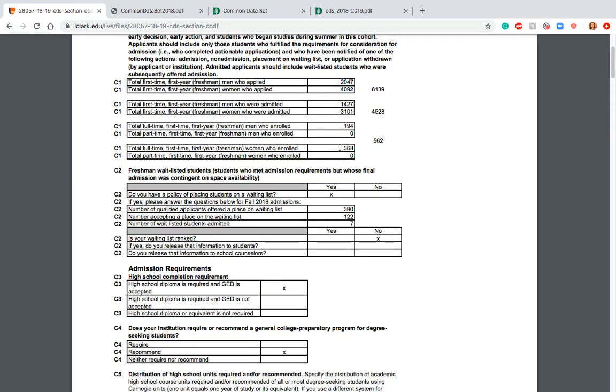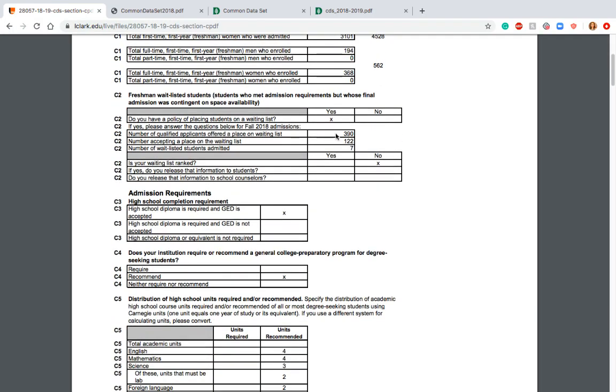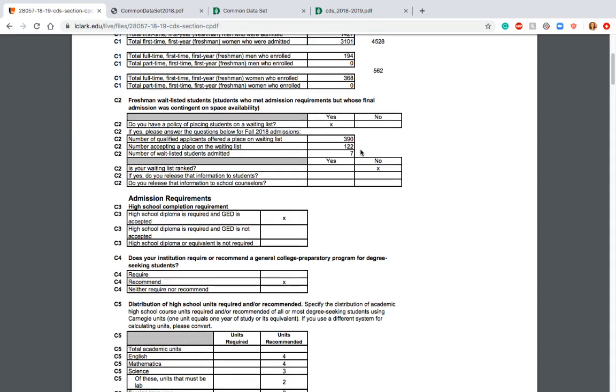And then you see their actual enrollment. They're enrolling roughly 10% of the people who applied. In terms of their wait list, would you like to be on it? Well, they offered 390 people, 120-ish said yes, and then they admitted 7. So that would be something to think about.